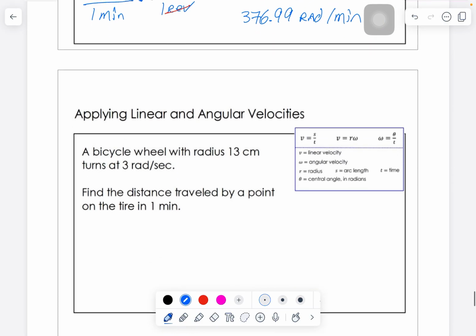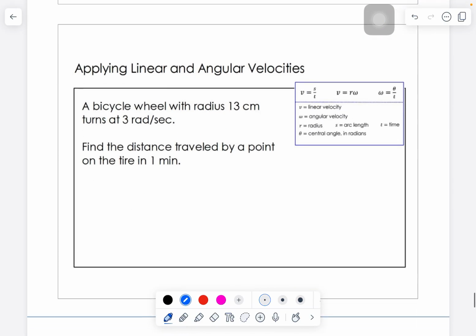A bicycle tire has a radius of 13 centimeters. Okay, so radius is 13 centimeters, and it turns at a rate of 3 radians per second. So again, I'm going with this one right here. I'll take the radius.